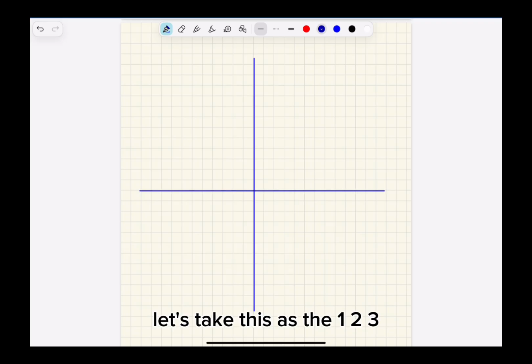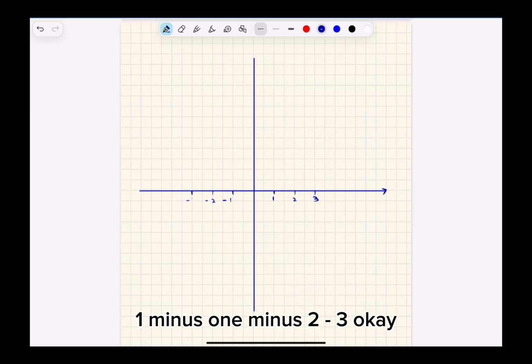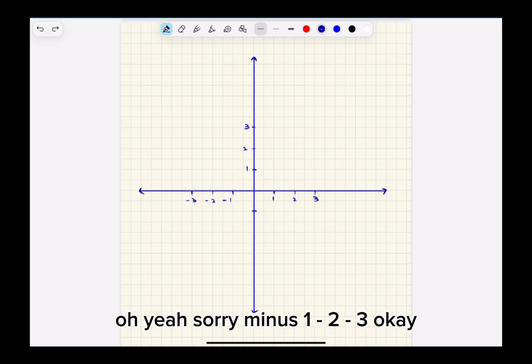Let's take this as 1, 2, 3, then minus 1, minus 2, minus 3. Oh, yeah, sorry. Minus 1, minus 2, minus 3.